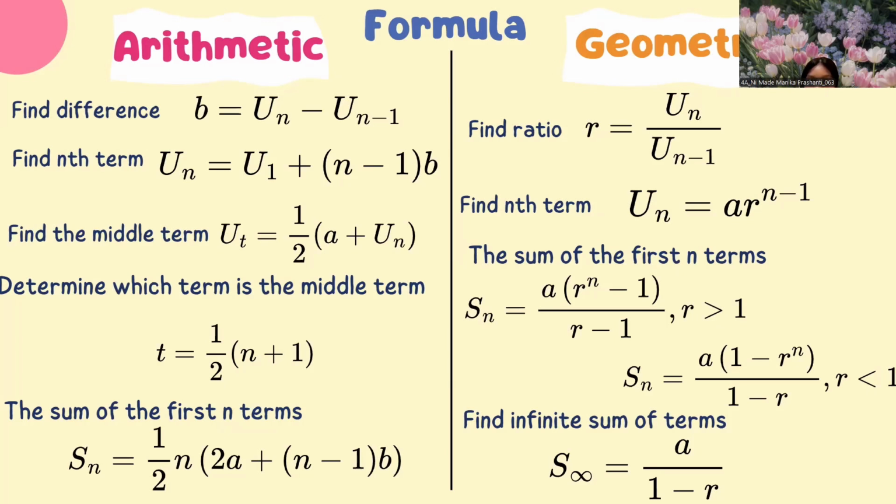But when r is less than 1, we use the formula Sn equals a times 1 minus r to the power n, divided by 1 minus r. Okay? In geometric series, we can find the infinite sum of terms with the formula S infinite equals a divided by 1 minus r.